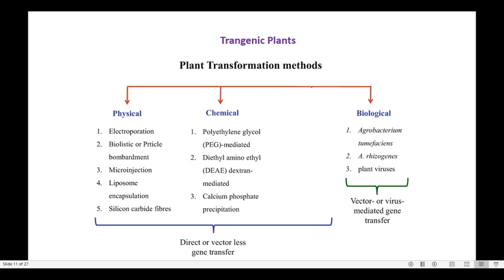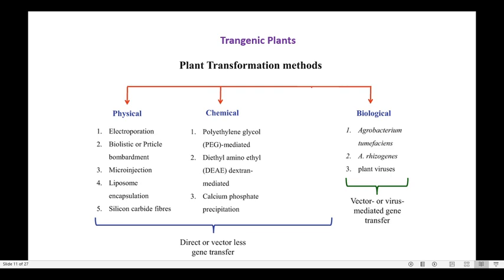There, the vector means vehicle, and to transfer the transgene we used a plasmid as the vector. Here, to transfer the recombinant DNA, we use bacteria or viruses to transfer the plasmid DNA to the plants. So here the vector is Agrobacterium or the plant viruses, and their vector is the plasmid.